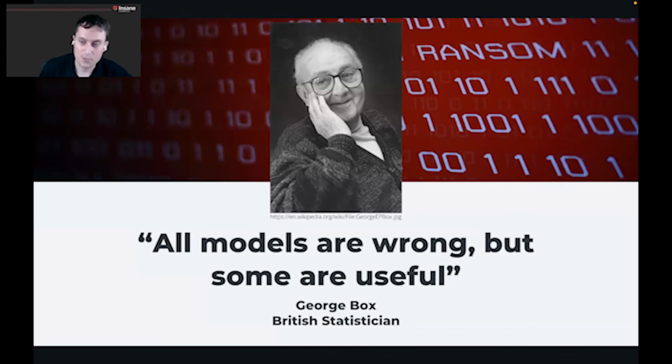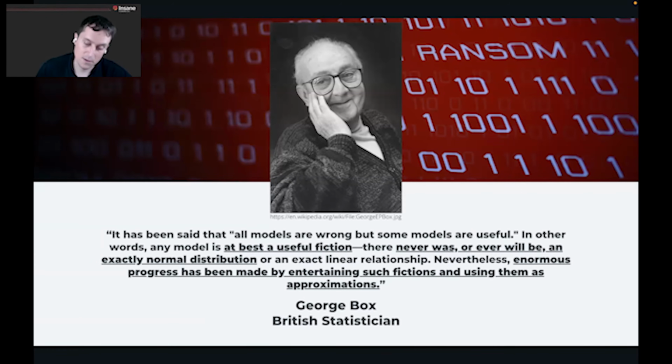He said this quote a few times, and a later extension, I think in the 70s, was that models are useful fiction. They're never going to exactly match, but huge progress can be made in these approximations, trying to get close, and sometimes entertaining these fictions for the point of pushing ideas and the path forward.